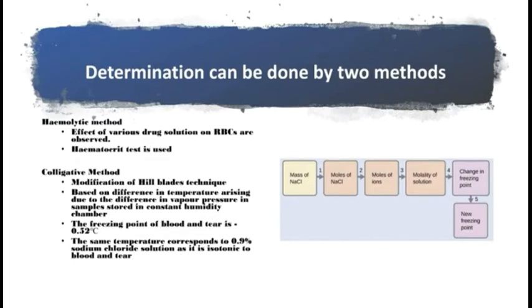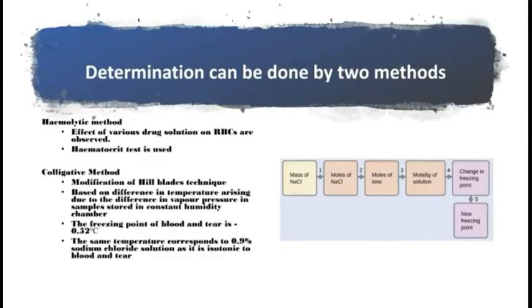The first one is the cryoscopic method, or freezing point depression method. In that, body fluids such as blood plasma and lacrimal secretion have a freezing point of minus 0.52 degrees Celsius by virtue of the different solutes present in them. Hence, all solutions which freeze at minus 0.52 degrees Celsius will be isotonic with these fluids.